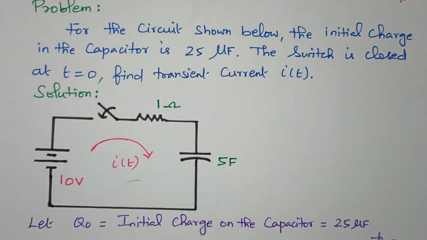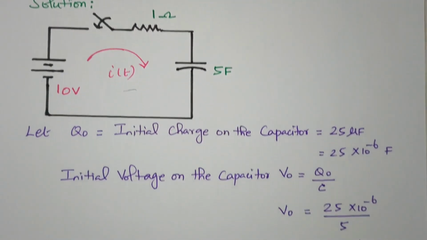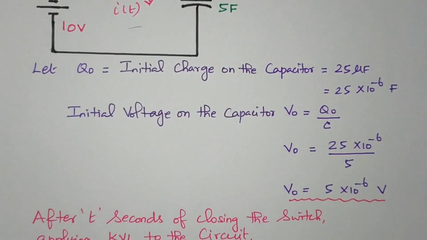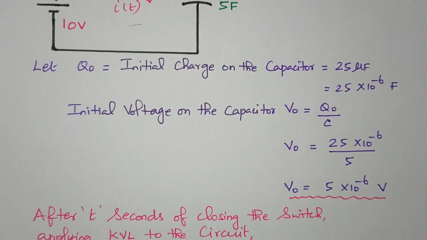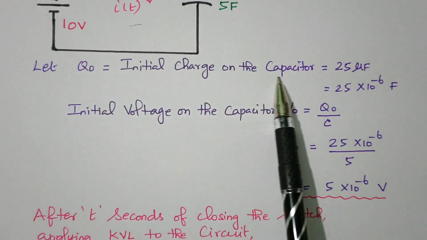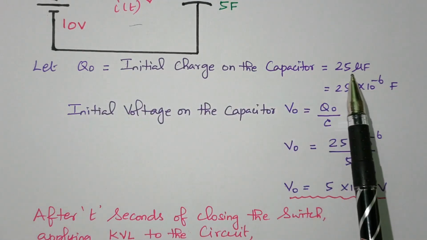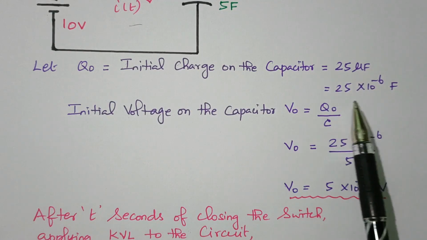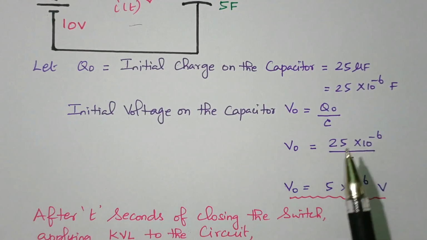Before going to the KVL, we will find the initial charge available. From that we can easily calculate the initial voltage. Let Q0 be the initial charge on the capacitor, that is given as 25 microfarad, that is 25 into 10 to the power minus 6 farad.